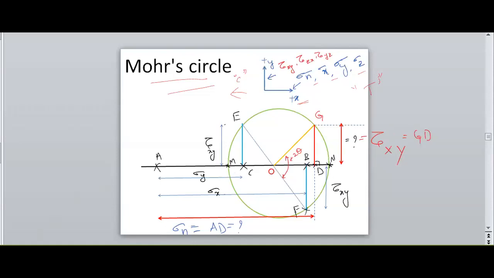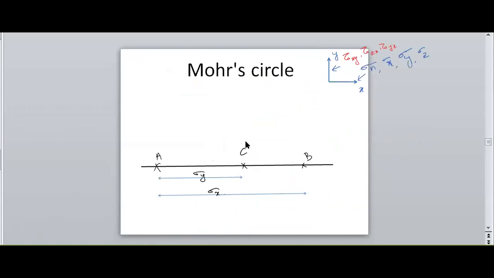So how to construct the Mohr circle for the problem? If you see the diagram or the problem, we have sigma x, sigma y, and tau xy. I need to represent all these values in my Mohr circle.